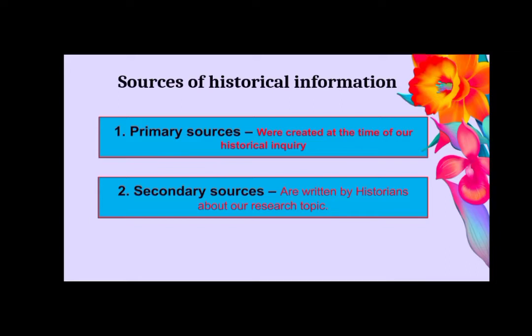Secondary sources are written by historians about our research topic, like textbooks, journal articles, histories, and encyclopedias. The use of primary sources tends to ensure the integrity of a study and to strengthen its reliability. Their use provides the only solid base for conclusions reached in documentary research.